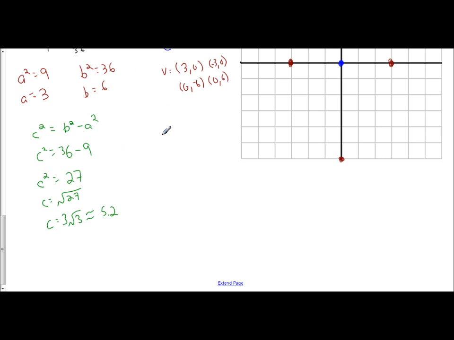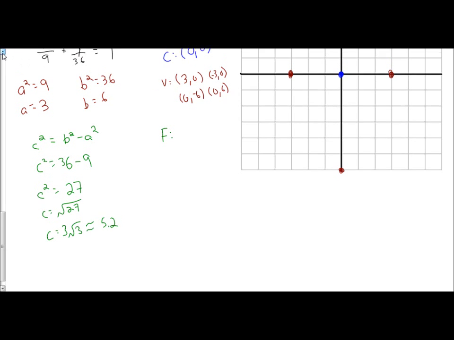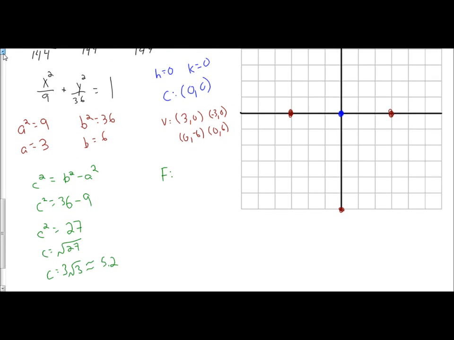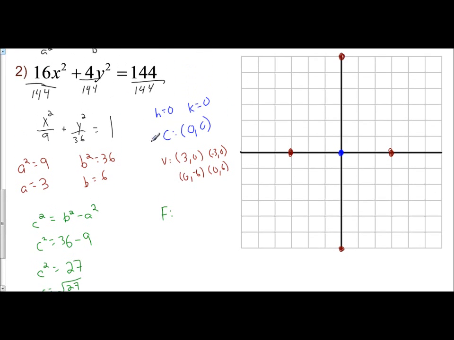The foci are located c units from the center on the major axis. So if I take a look at my graph, I can see that my larger axis is vertical, up and down. So that means I would do h comma my k value, my vertical value, plus or minus c. So I have 0 comma 0 plus or minus 3 radical 3.